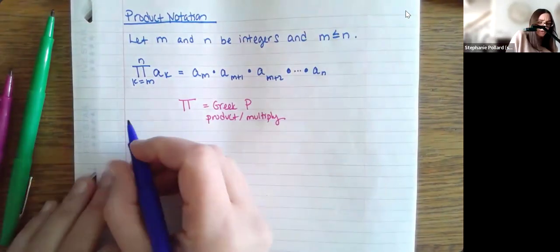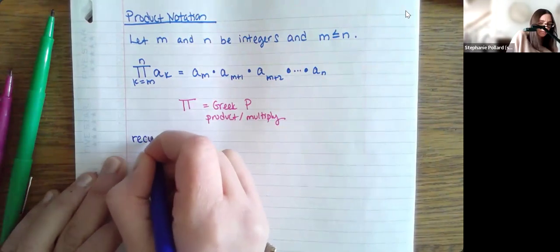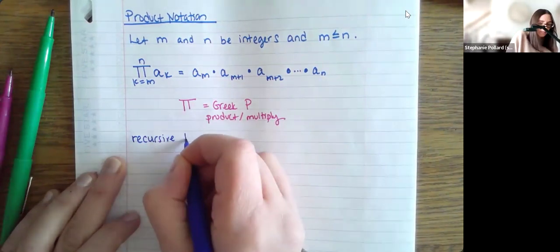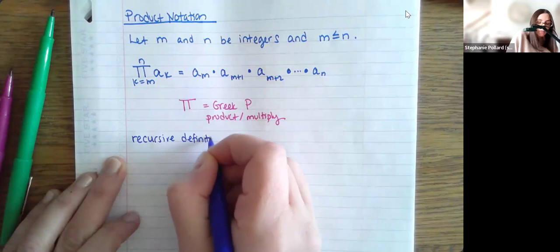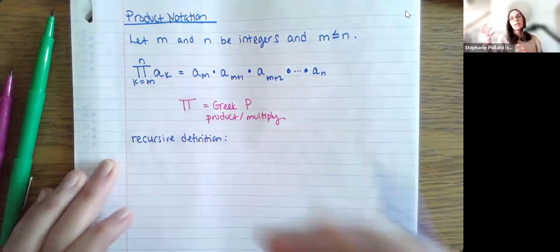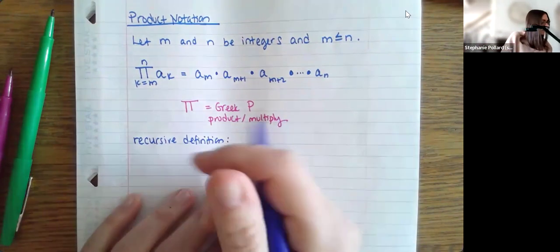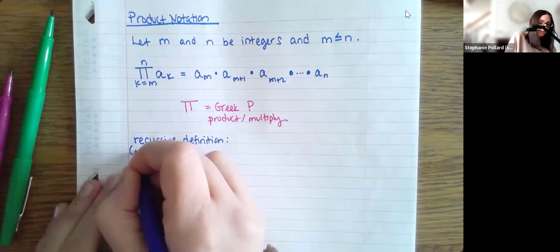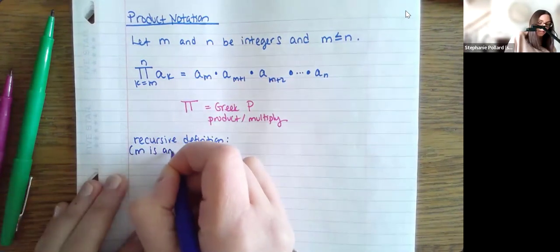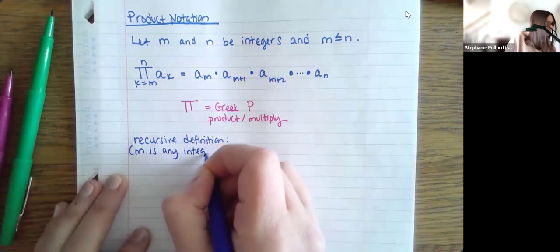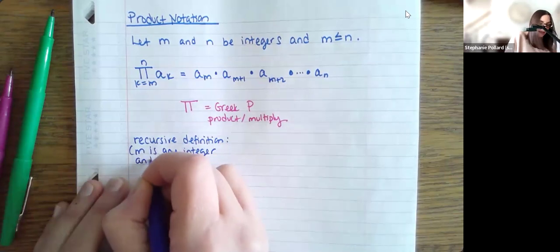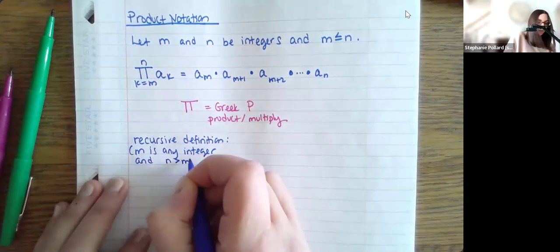We do also have a recursive definition here, where you can break off, again, typically the last term, but it could also be the first term. It's about breaking off a finite number of terms typically. And in this case, m is any integer, and n is at least m.